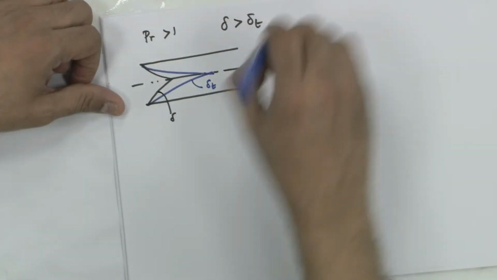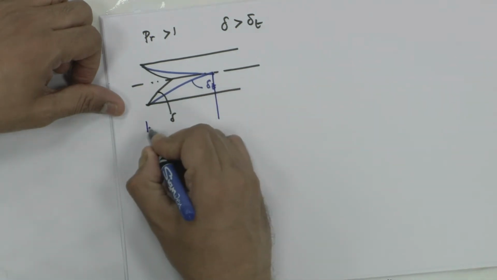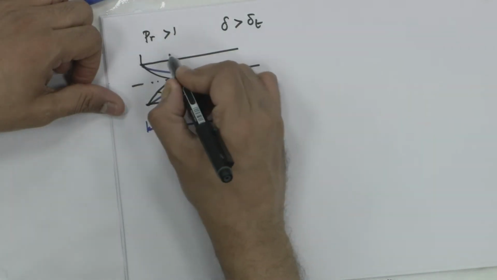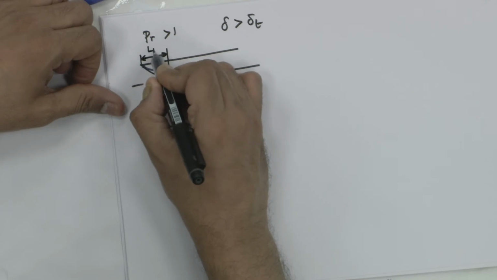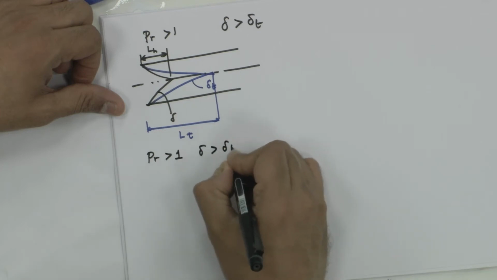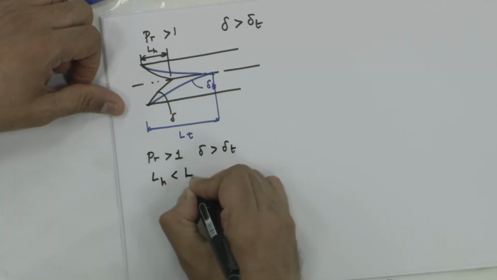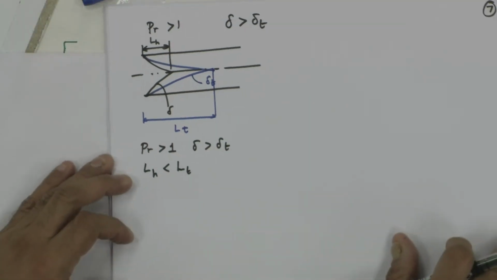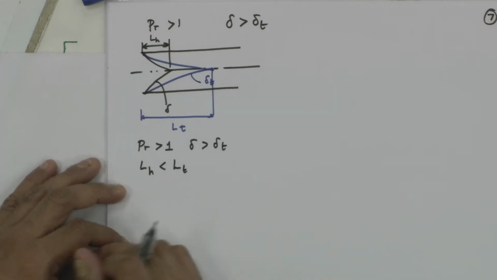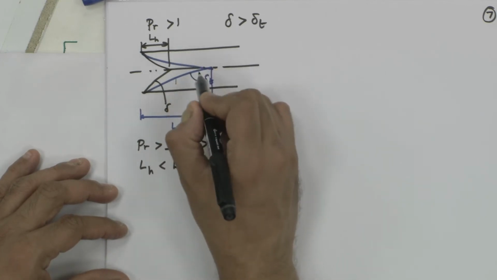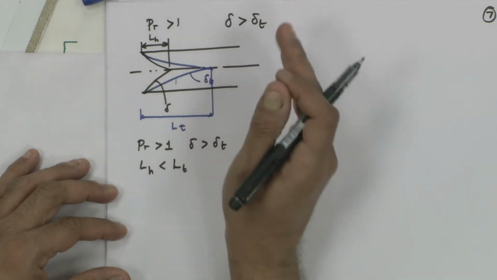The hydrodynamic entrance length was here, the thermal entrance length is here. So, Prandtl number greater than 1, delta greater than delta T, L hydrodynamic less than L thermal. What does it mean? This is from just the diagram we are able to say, but more importantly what it means is that even after the location where the velocity has become fully developed, the temperature is not able to become fully developed until only beyond this point.